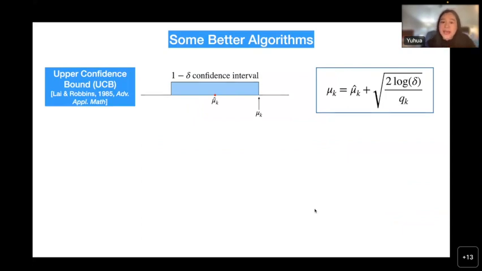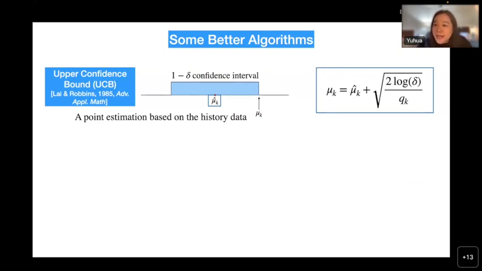They have a point estimate, mu hat, of the expectation based on historical data, and then they construct a confidence interval. They use the upper bound of this confidence interval as the criterion to decide which arm to pull.